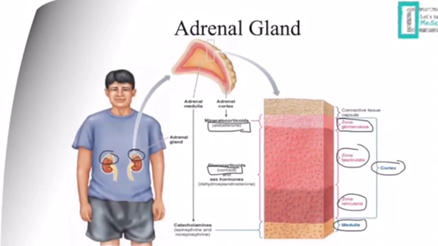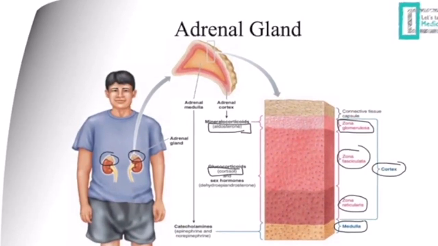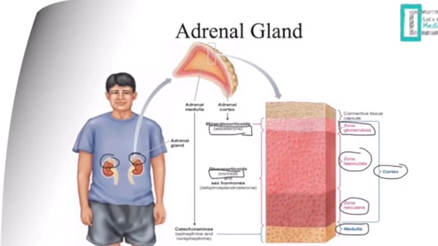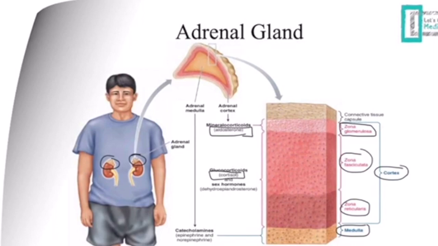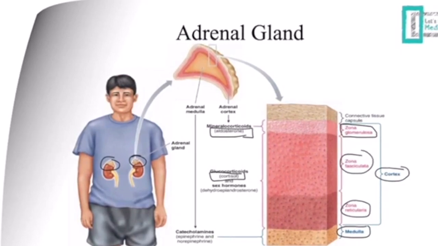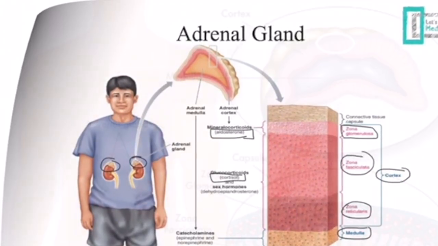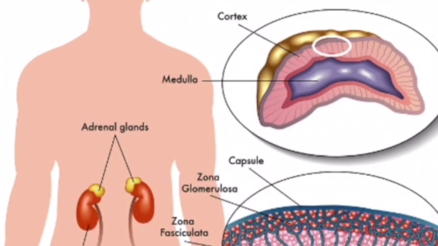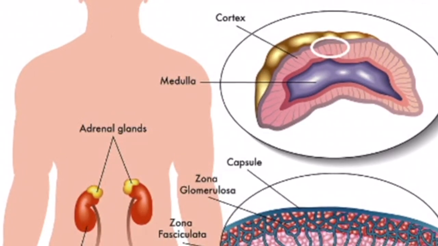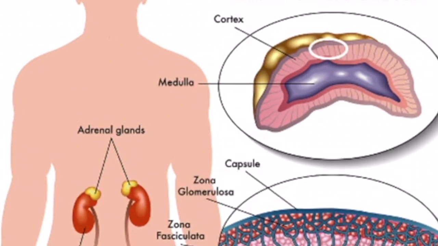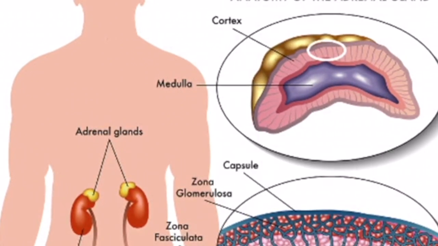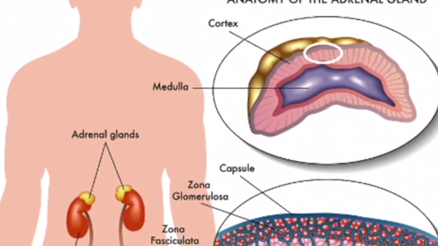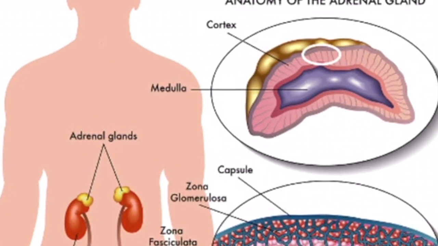Another hormone is dihydroepiandrosterone, abbreviation DHEA or DHA, which is an amino acid. And then the last hormone is adrenocortical hormone, abbreviation ACTH, also like the one I said above, and it is also an amino acid. Now you may ask, what do they regulate?